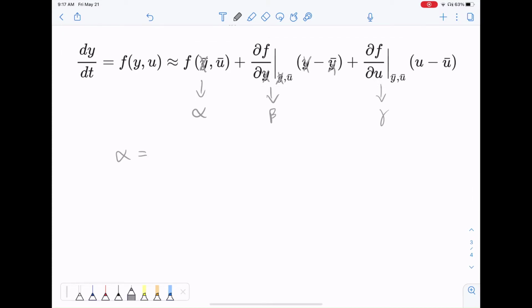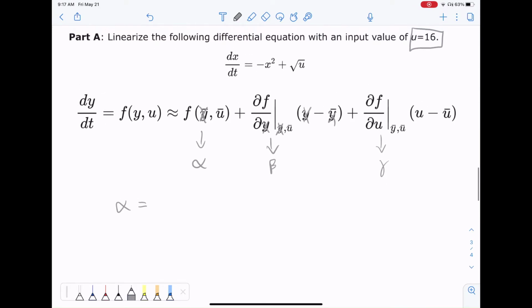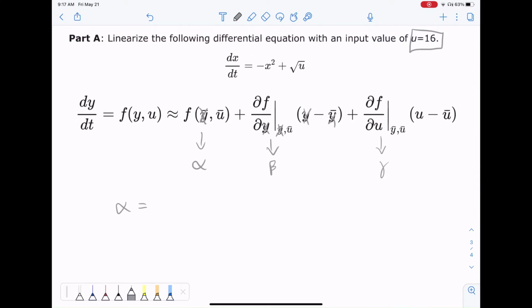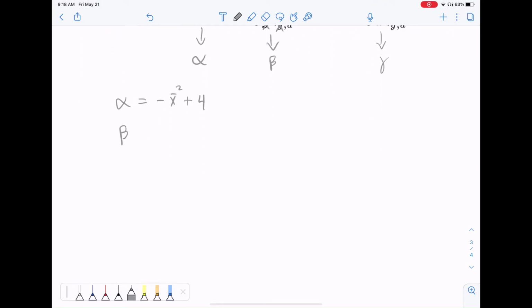Alpha is going to be the function evaluated at x bar and u bar. We don't know what our x bar is, but we do know our u bar is 16. So it's going to be negative x bar squared plus radical 16, which is 4. Next we have our beta.